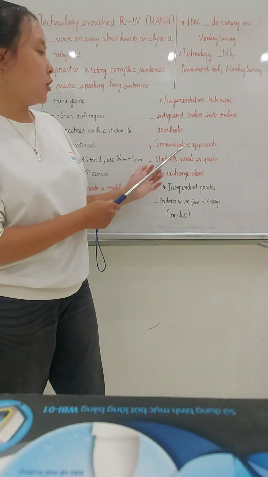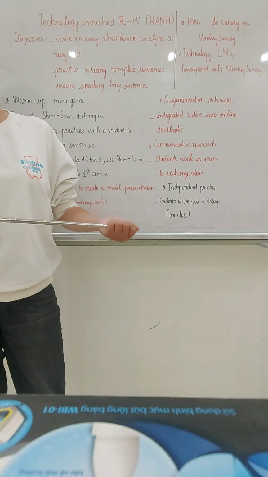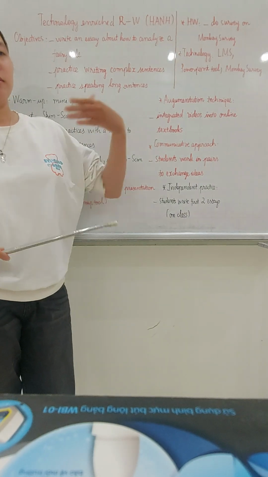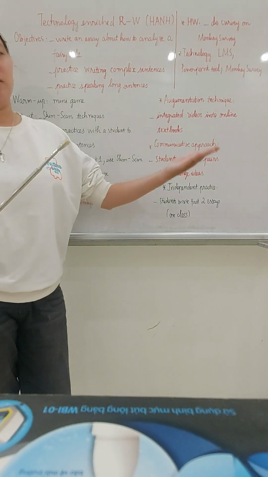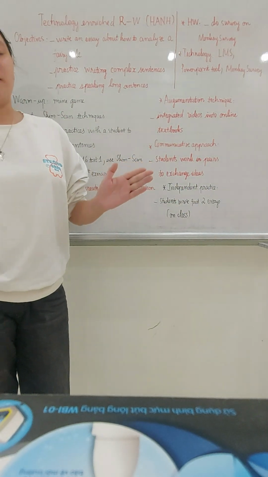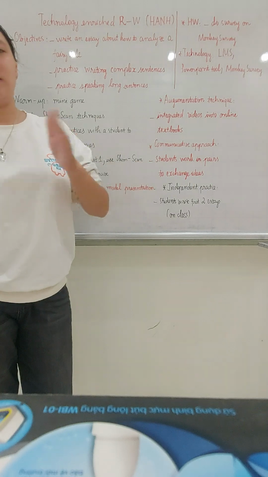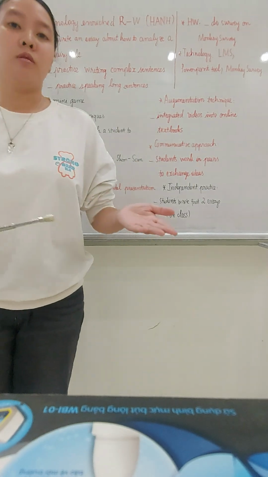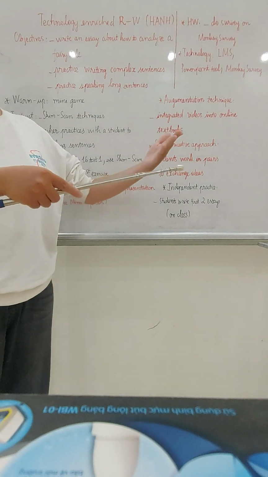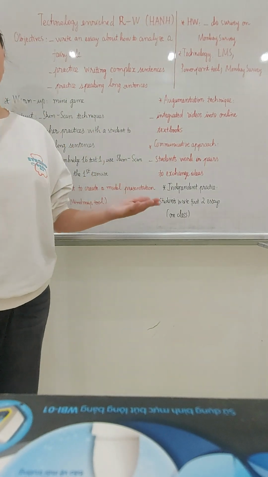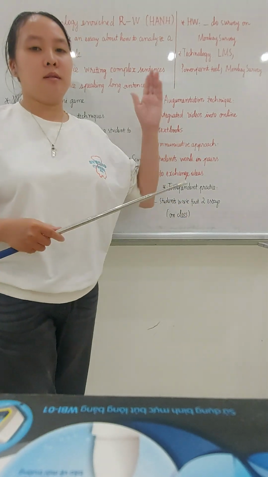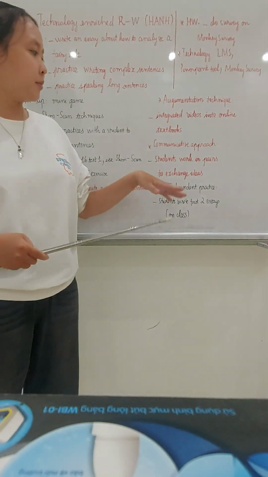Okay, and communicative approach. That's a very usual approach. Just speaking between two students. So later on, you guys will divide into pairs, and then you talk and your partner listens, and then later on your partner speaks and you listen.